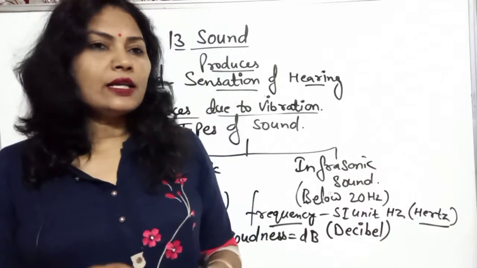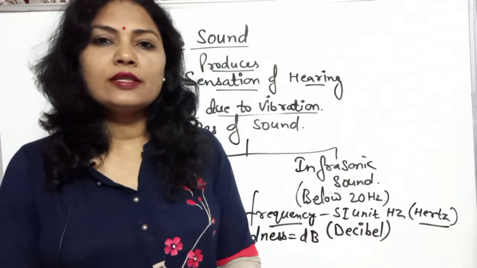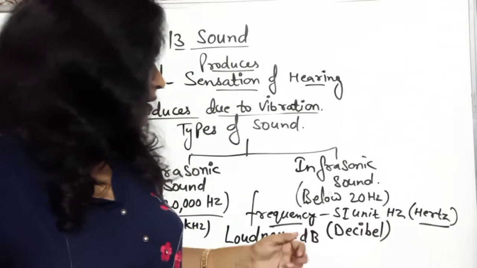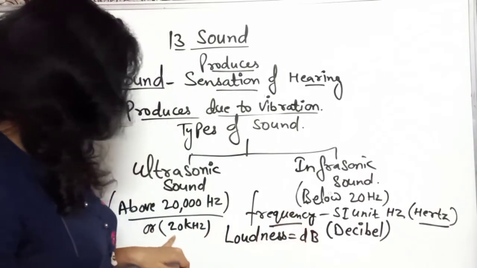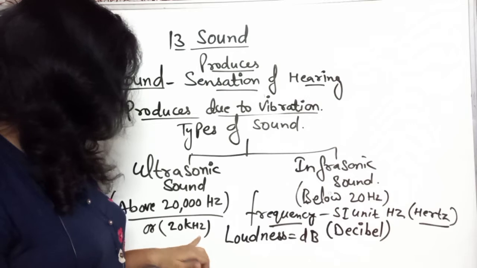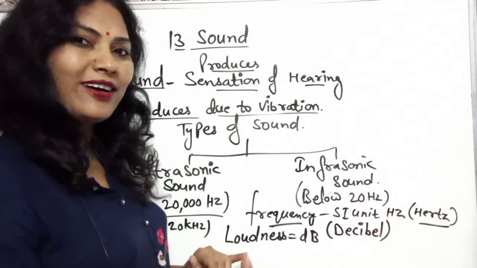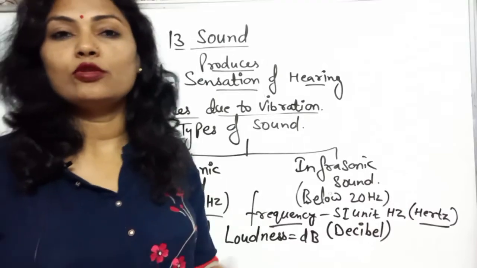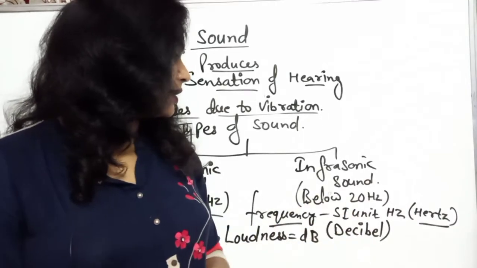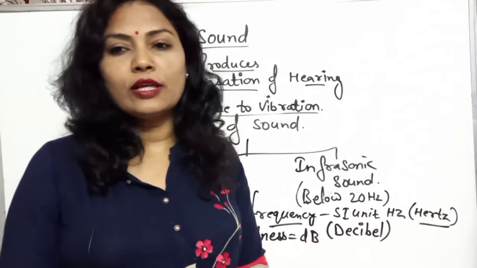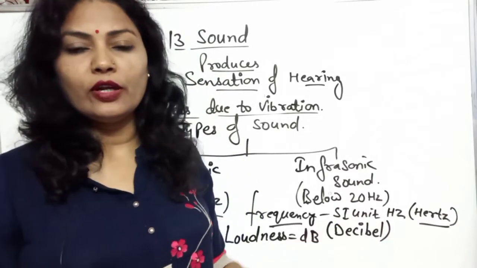Okay, then ultrasound, I told you, is sound with frequency higher than 20 kilohertz, or you can say above 20,000 hertz. And below 20 hertz is the infrasonic sound, so frequency is low in infrasonic sound.